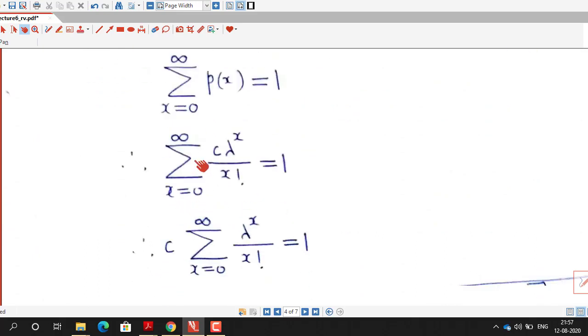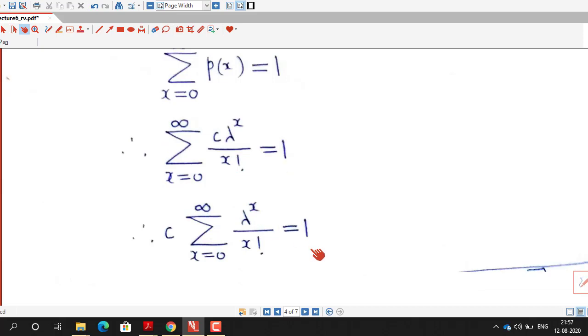Now c is independent of x, so we can take c outside. This can be rewritten as c times the sum from x equal to 0 to infinity of lambda raised to x divided by x factorial, and this must be 1.